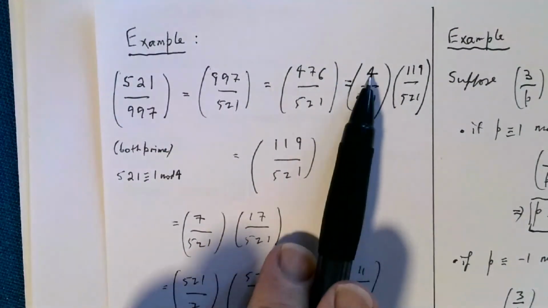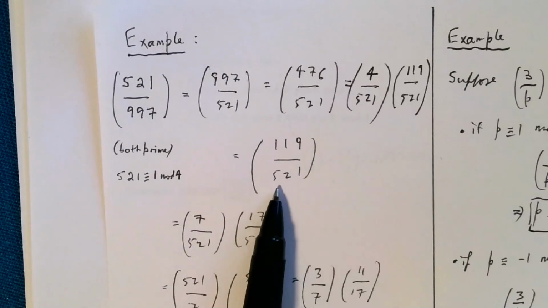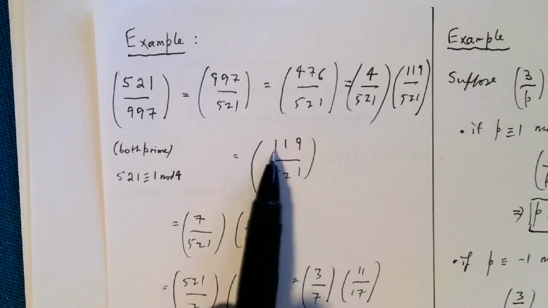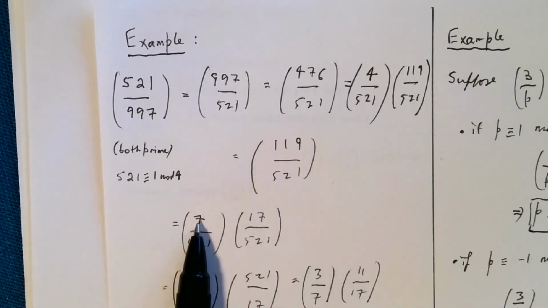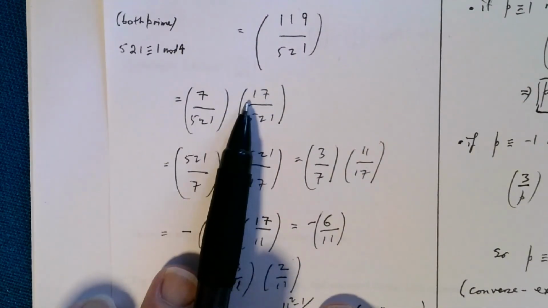Then 4 is a square, obviously, it's 2 squared, so that value is 1, and it just reduces down to this. Now, you can factor this further, because this turns out to be 7 times 17, so that I get primes again. These numbers must be odd primes in order to use the reciprocity theorem.